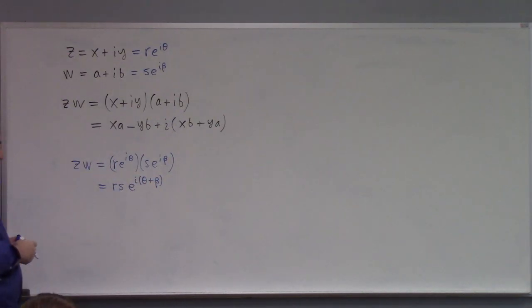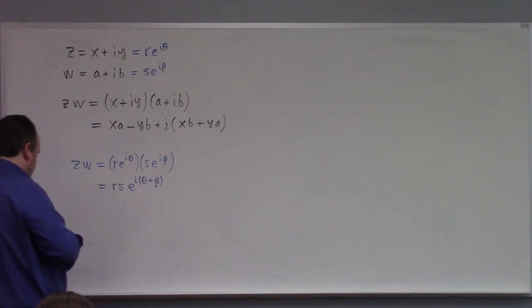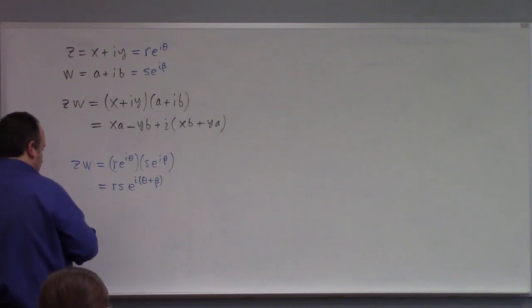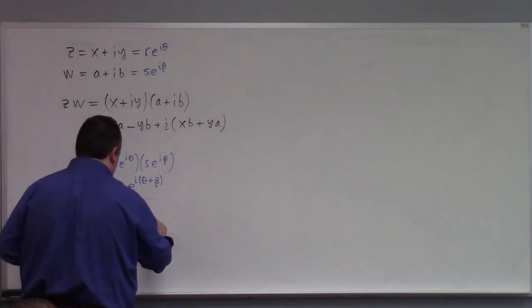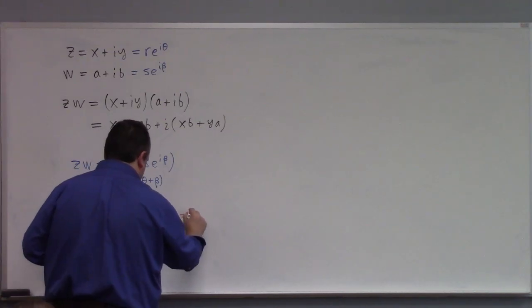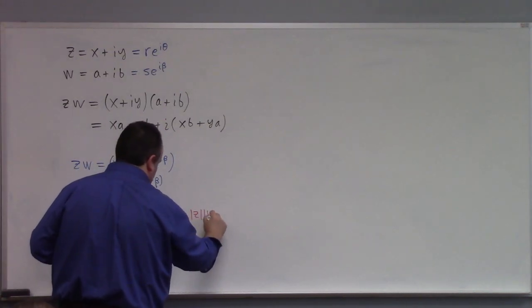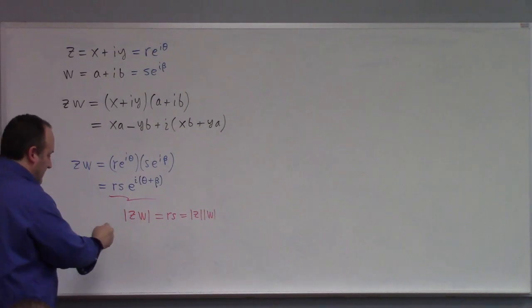So let me ask the question again. Geometrically, what's the relation of zw to z and w? Like, what is this geometrically? Let me write it out. So apparently, the length of zw is equal to rs, which is the product of the lengths.